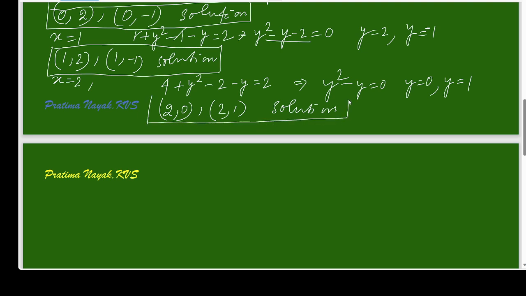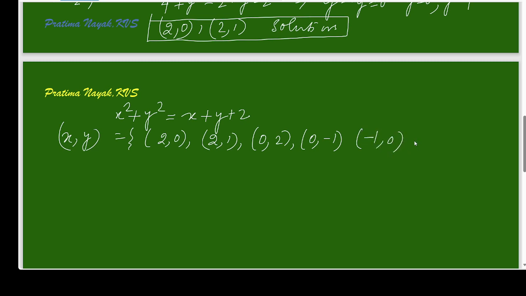Next is 2, 0 and 2, 1. So let us make a solution statement. x square plus y square is equal to x plus y plus 2 has 8 pairs of solutions.